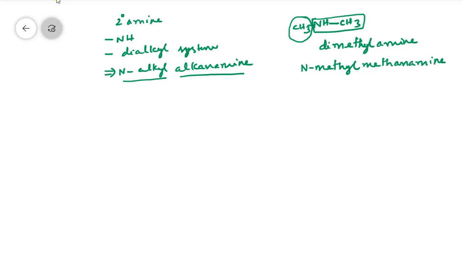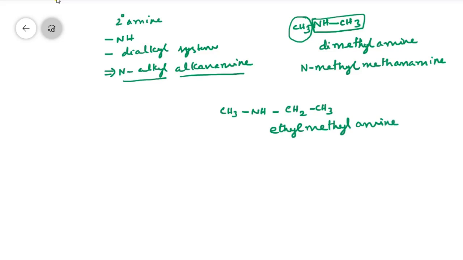One more example: CH3-NH, and here the ethyl group is attached. So one is a methyl group, another one is an ethyl group. Now what is the common name? The two groups are arranged in alphabetical order, so it is ethyl methyl amine. Clear?